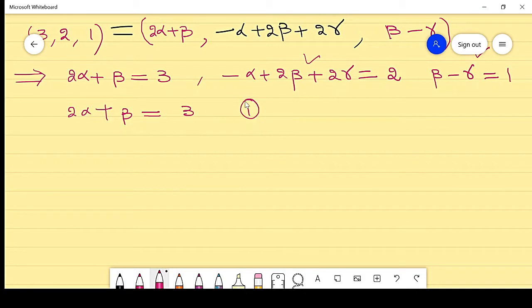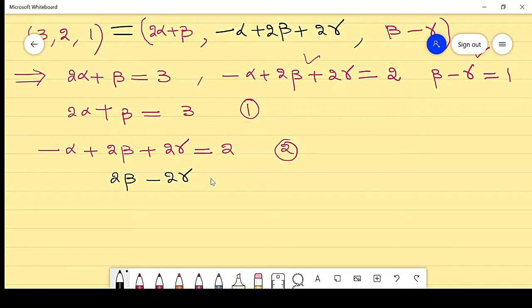Equation 2 is minus alpha plus 2 beta plus 2 gamma equal to 2. Now multiply equation 3 with 2, so this will be 2 beta minus 2 gamma equal to 2.